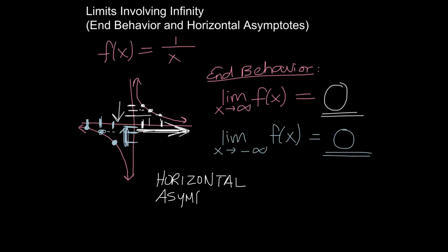It is right there, what I'm drawing as a dotted line. That is a horizontal asymptote. And what is the equation of that horizontal asymptote? It is y equals 0. Notice that it matches this. This horizontal asymptote matches the two end behavior limits.